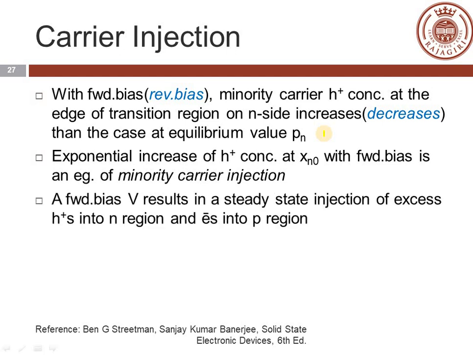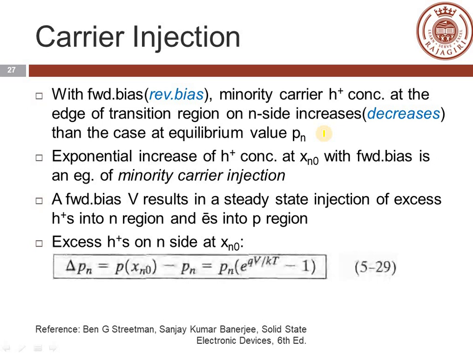Now, a forward bias V results in a steady state injection of excess holes into the n region and electrons into the p region. Excess holes on the n side at xn0 can be written as delta Pn, which is equal to P of xn0 minus Pn, which is equal to Pn into e to the power qV by kT minus 1.